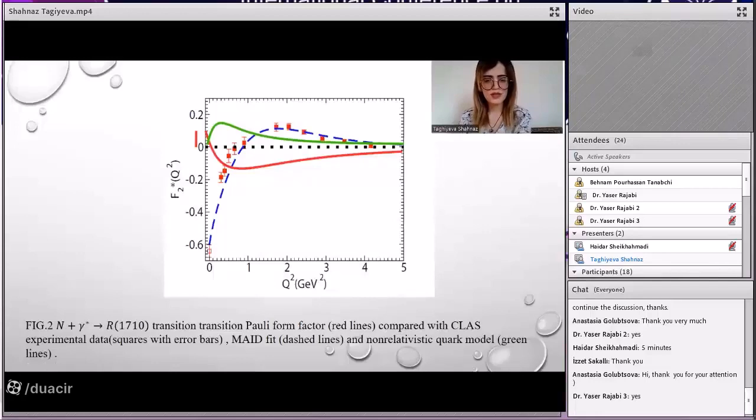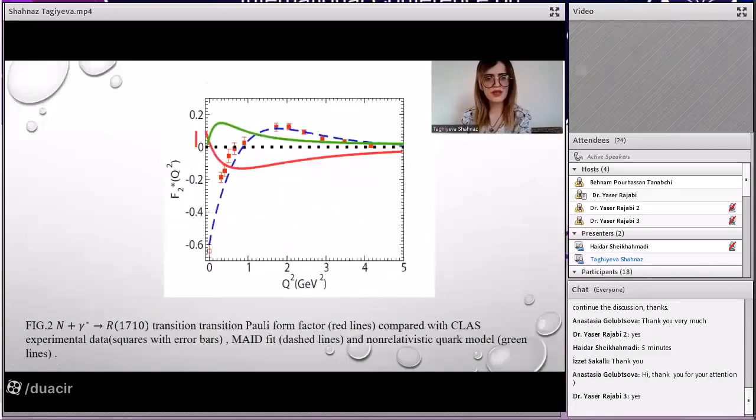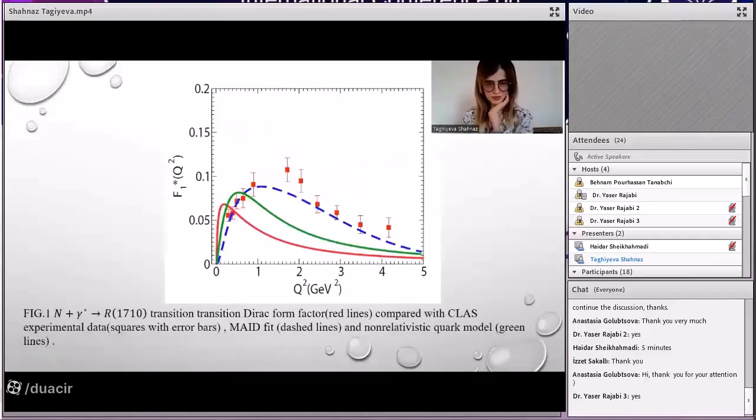Red lines belong to our numerical results, and we can see from the graphs that our results are close to the experimental data.